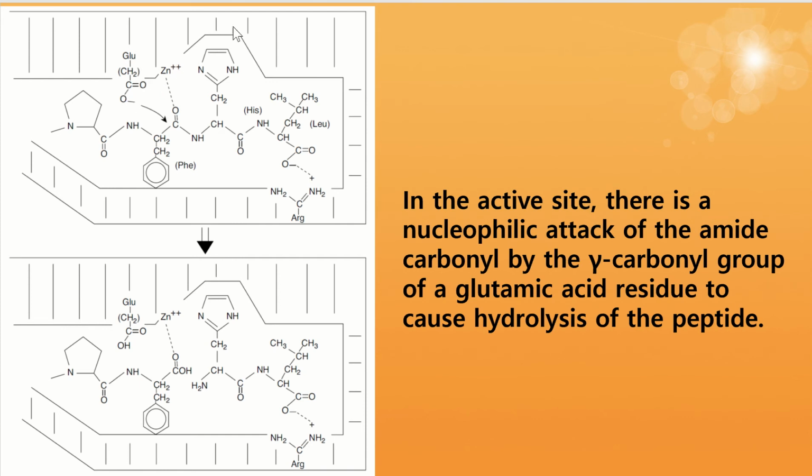So anything in this particular region would be in the active site of the enzyme, and so this glutamic acid residue would attack the amide carbonyl, that's this one, by the gamma carbonyl group of the glutamic acid residue, and therefore cause hydrolysis of the peptide.